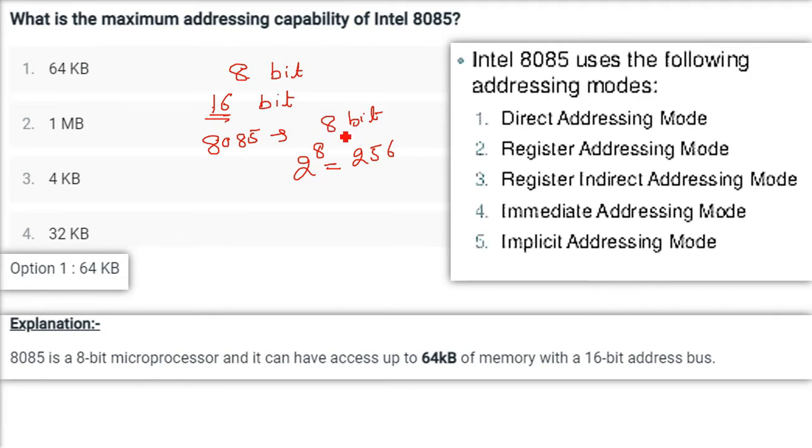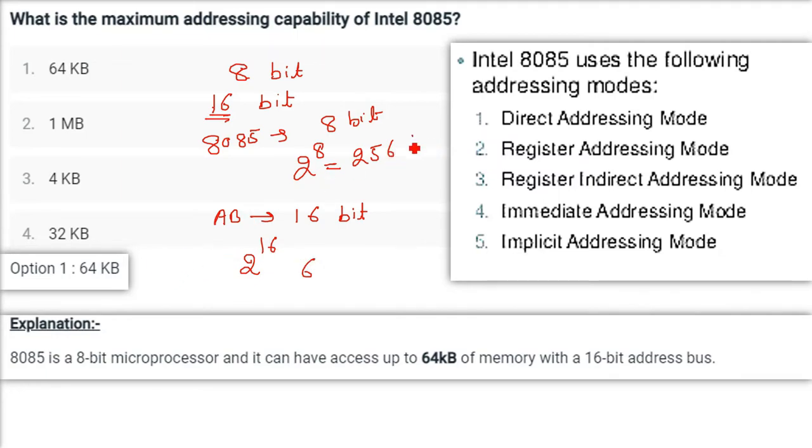When you take 2 to the power 16, 2 to the power 6 is 64 and 2 to the power 10 is 1024. You can count it as 1000 also. So that comes to be 64,000, so you can call it 64 KB, kilobyte. But here is a catch.